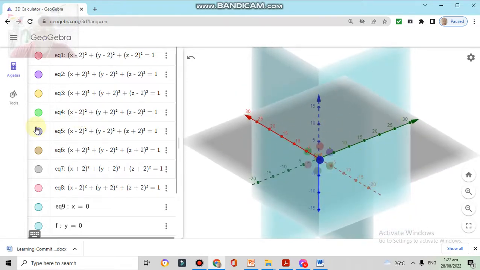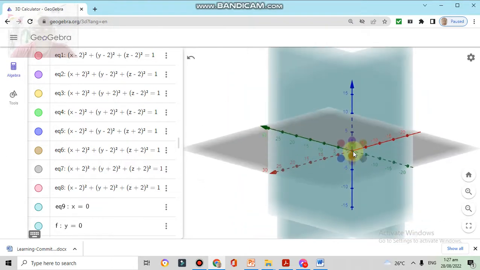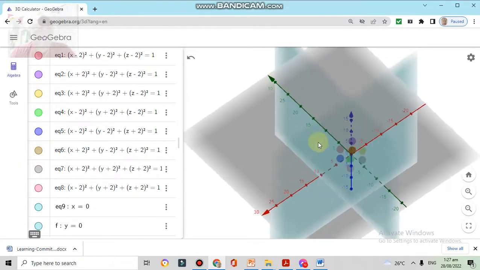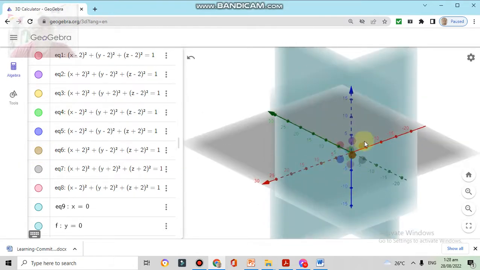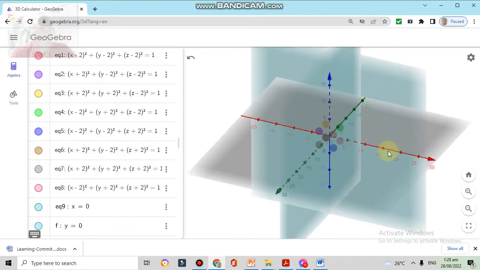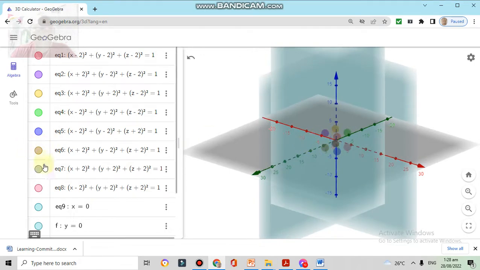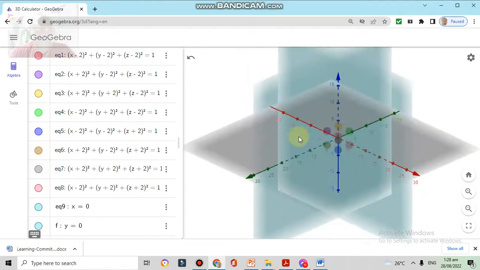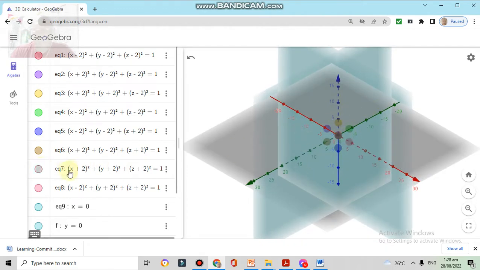The subspace containing the floating dark blue ball is called the fifth octant. The subspace containing the floating brown ball we call the sixth octant. How about the subspace containing the floating gray ball? This subspace is called the seventh octant.